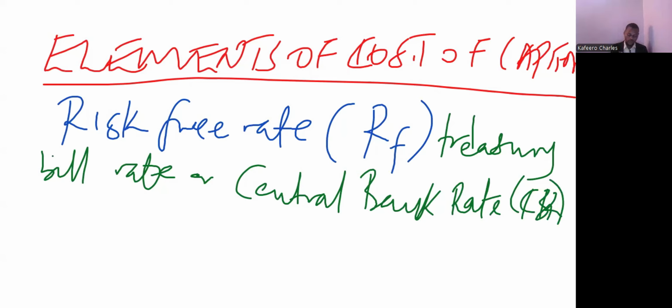So when you hear the government of Uganda, or of course the central bank, that's the Bank of Uganda, and you hear that the Bank of Uganda has issued the CBR rate, or the central bank rate, because this CBR rate is the rate at which these commercial banks are going to borrow.